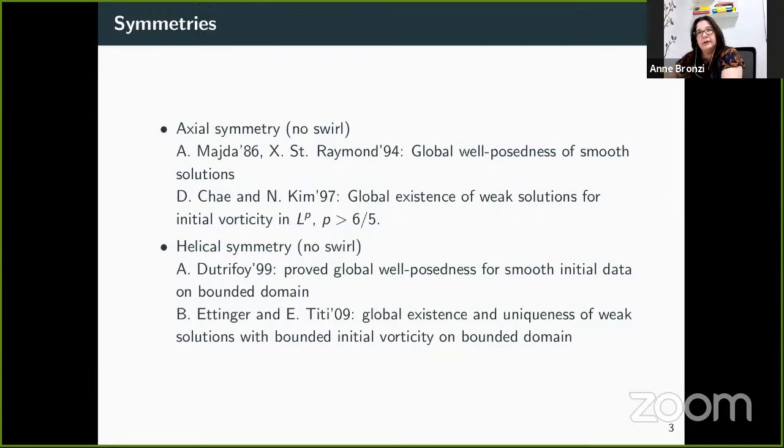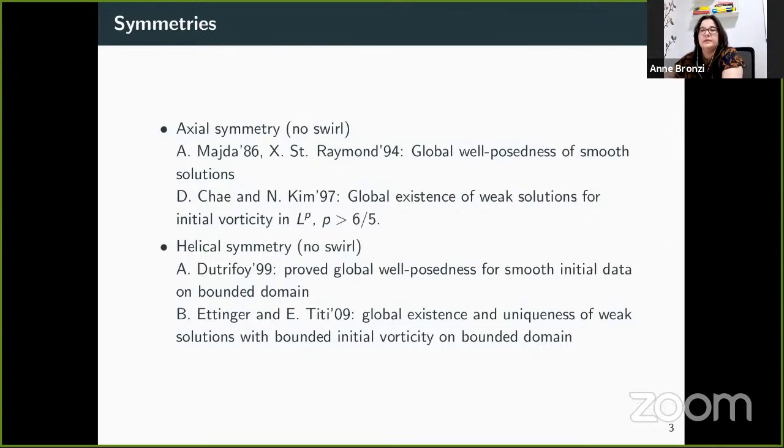There is another symmetry which allows us to prove global well-posedness or global existence of solutions, which is the helical symmetry. I'll talk about this in this talk.